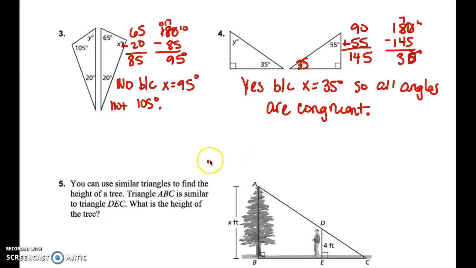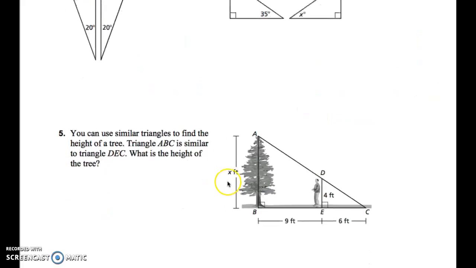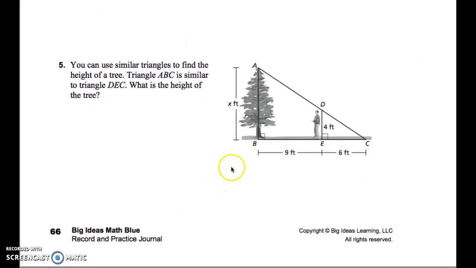Okay, now let's look at number 5. It says you can use similar triangles to find the height of a tree. It says triangle ABC, which is the bigger one, is similar to triangle DEF. So we just learned that because they're similar, all of their corresponding angles are equal to each other.